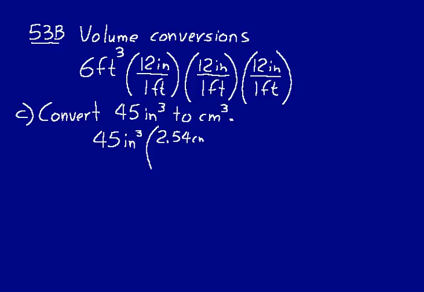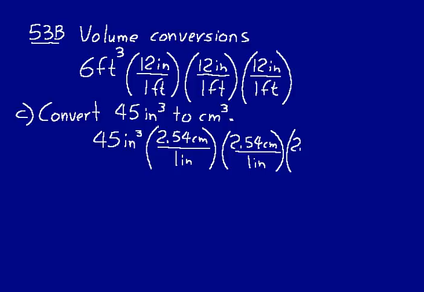2.54 centimeters over 1 inch times 2.54 centimeters over 1 inch times another one, 2.54 centimeters over 1 inch. Okay, so we have inches times inches times inches, or inches cubed. So those inches cancel.